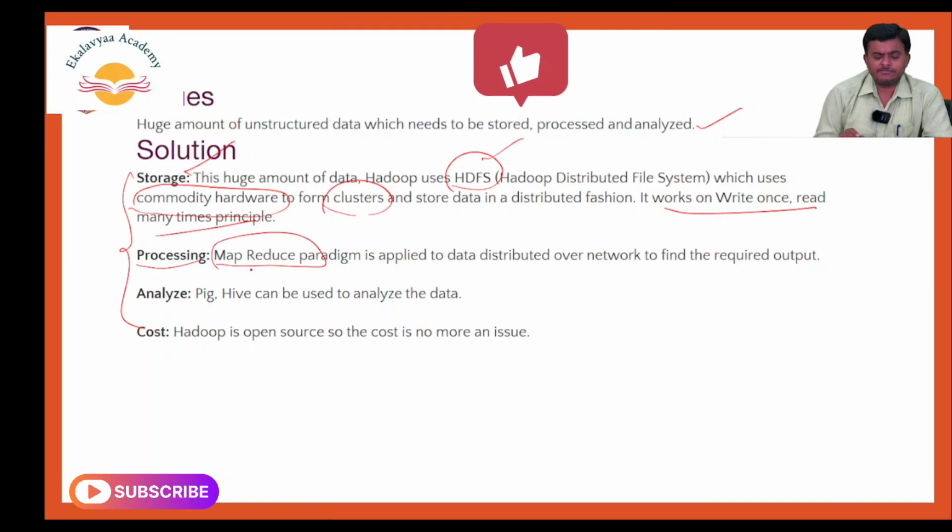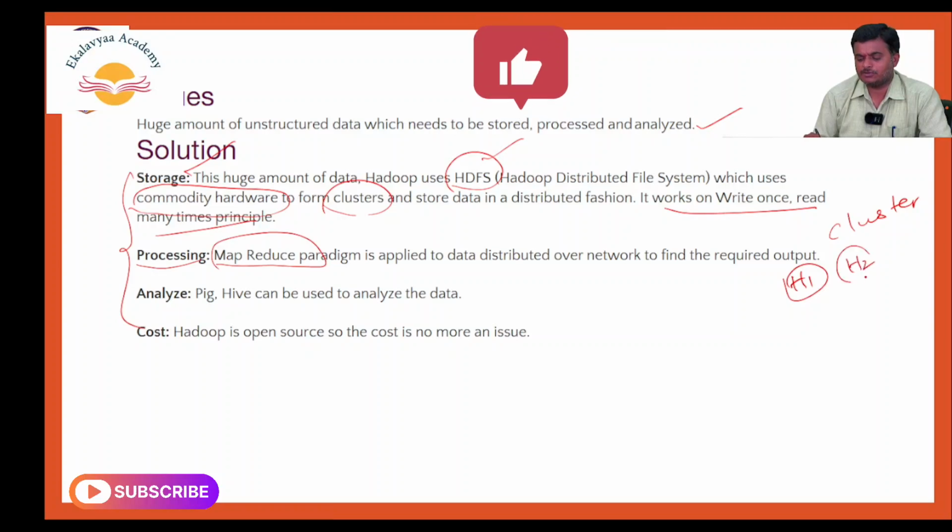Next, how you process the data. The MapReduce paradigm is applied to data distributed over the network to find the required output. As we said earlier, a cluster is formed with commodity hardware like system 1, system 2, system 3 and so on. The data is distributed across all these systems.